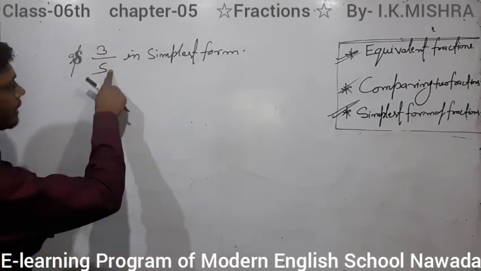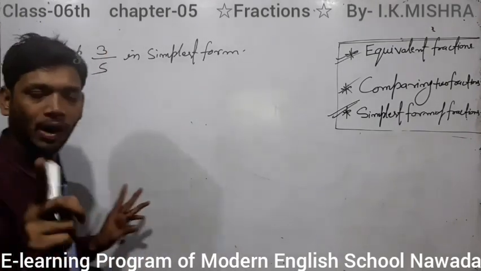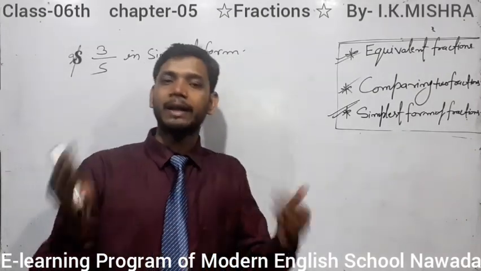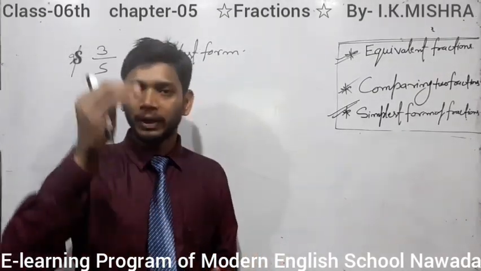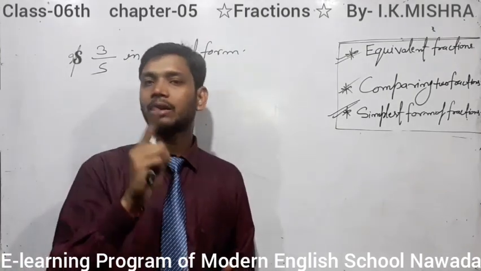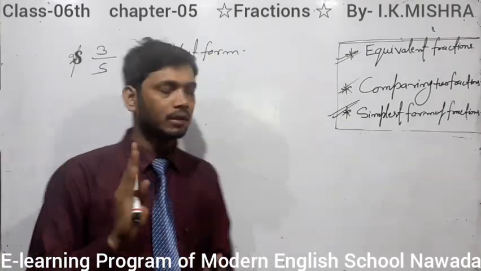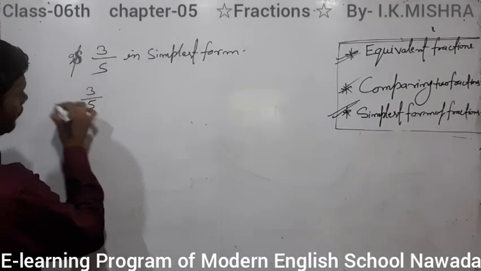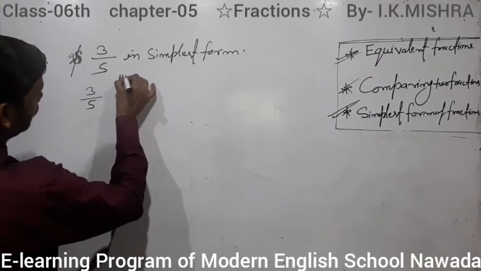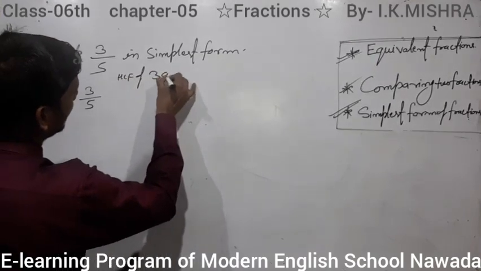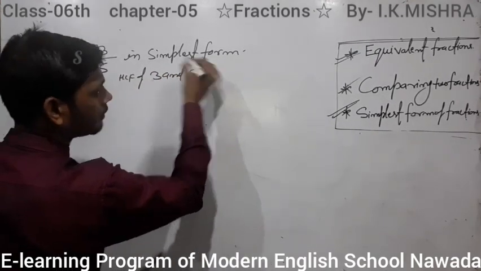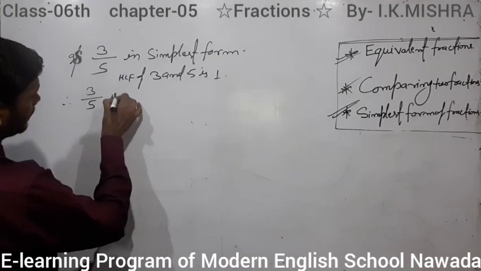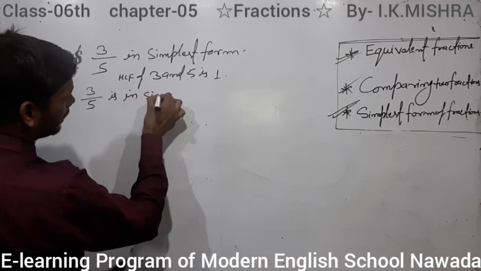Here students, HCF of 3 and 5 is 1, and I told you a fraction is said to be in simplest form if the numerator and denominator have HCF 1. That means here 3 upon 5, HCF of 3 and 5 is 1. Hence 3 by 5 is in simplest form.